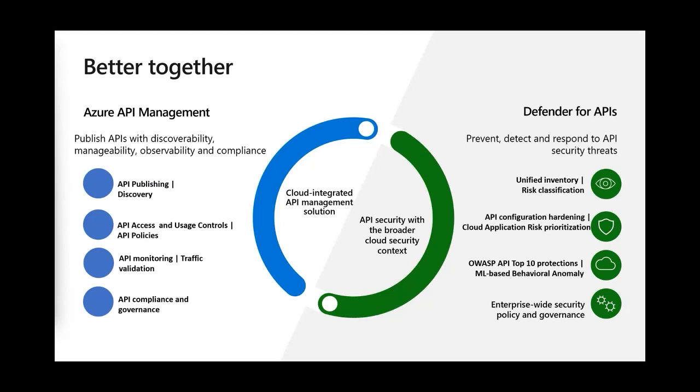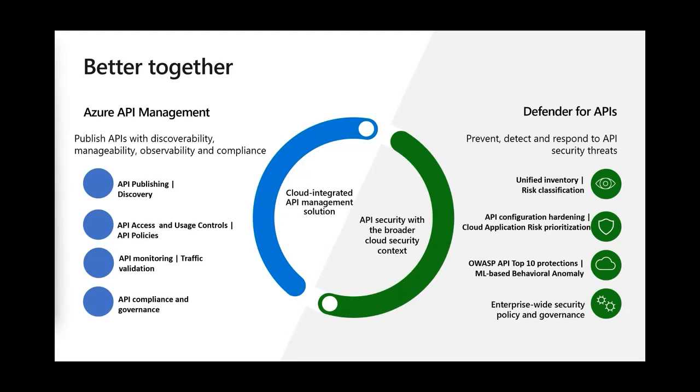While there is a base level of security that is offered by API Management, Defender for APIs builds upon this to prevent, detect, and help you respond to API security threats with the broader cloud security context.